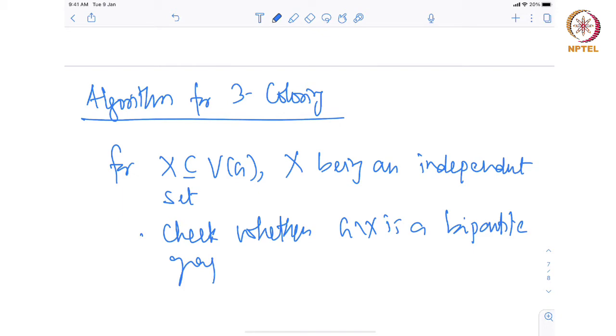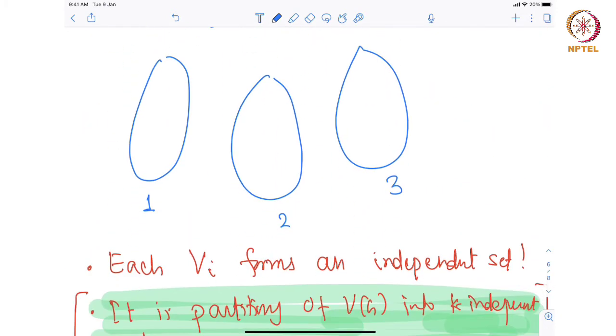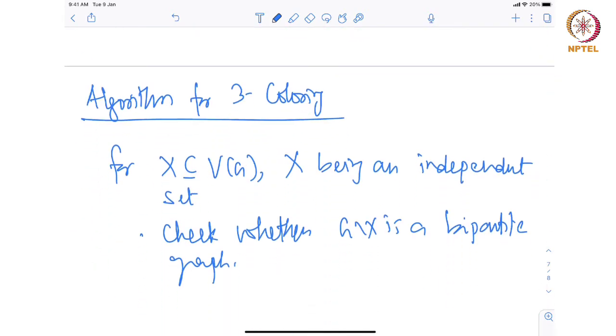Now, notice that if I have guessed the color class 1 correctly, then the graph induced on color classes 2 and 3, that is V2 union V3, should form a bipartite graph. So, this is why I checked.